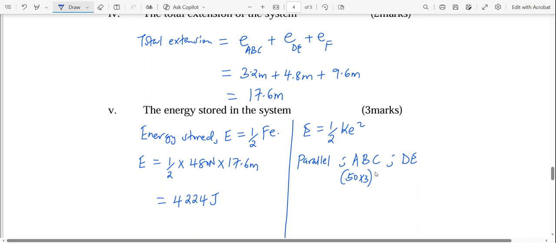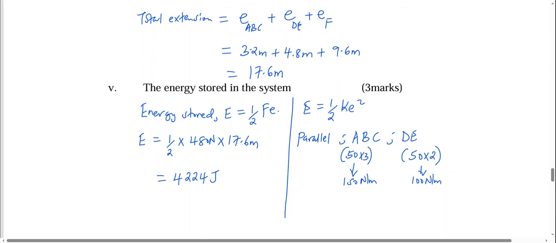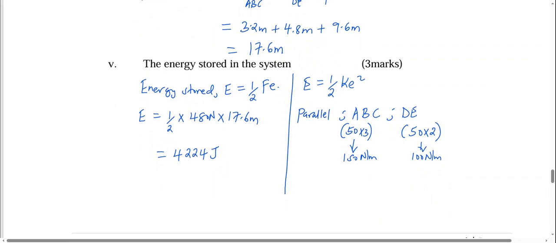For DE, we take 50 multiplied by 2 springs, which gives 100 Newton per meter.